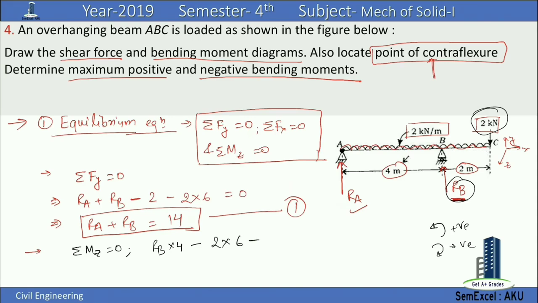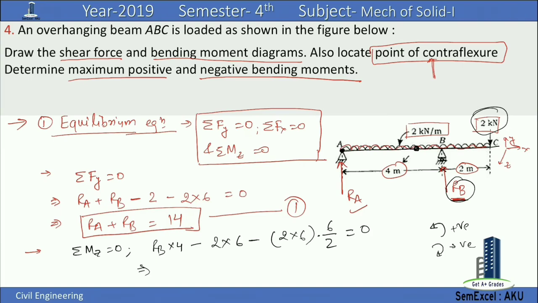Again we have to take the moment of the UDL about point A. It will be equal to the total load, which is 2 into 6, where 2 is the UDL and 6 is the length, into the distance of the CG of the UDL from A, and the CG will be at distance 6 by 2, that is 3, and that will be equal to 0.